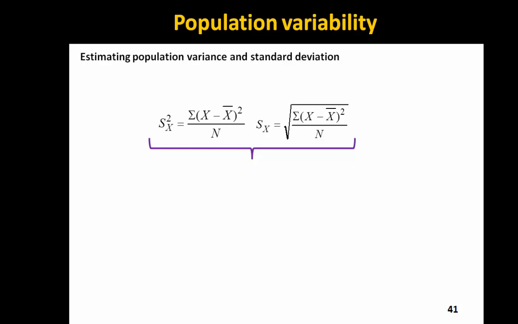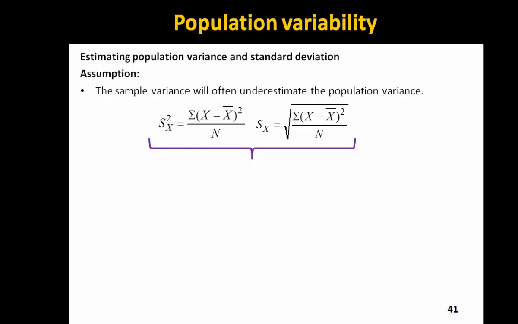So when we wish to estimate the population variance and standard deviation, we have the assumption that the sample variance will often underestimate the population variance. And that has been mathematically problematic over the years in trying to gain an understanding of linking the sample statistic to the population parameter.